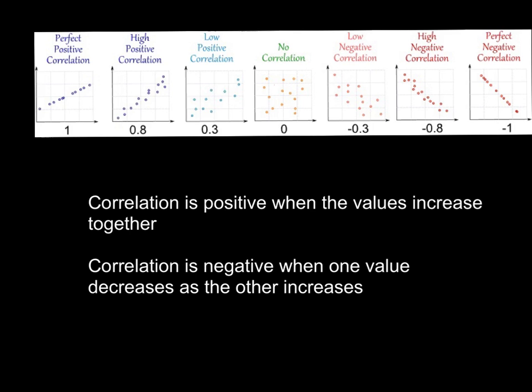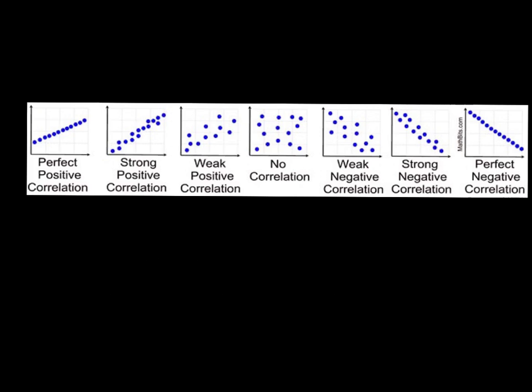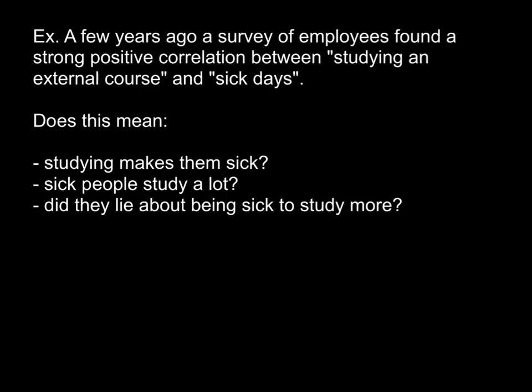Correlation is negative when one value decreases as the other increases. So here, as x is increasing, y is decreasing. Even though it's a weak one, it's still negative. Same thing here, and there will be your negative. Here's just another visual representation of that so you can see that.